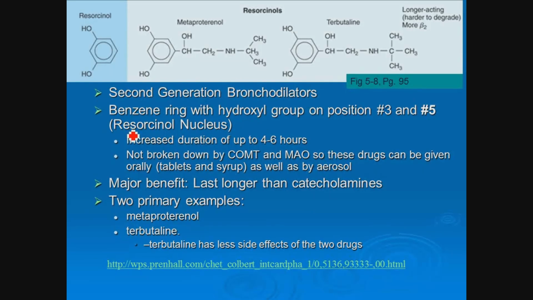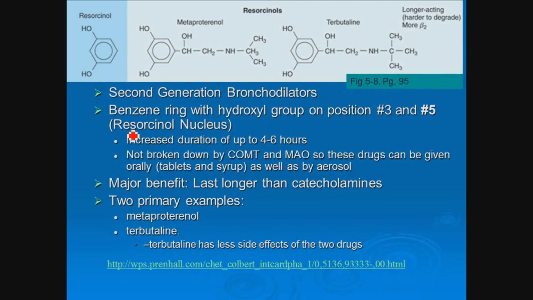bronchodilators that have a little bit less, well, two things they did. Changing the OH position ended up changing the duration of action. So now instead of only being good for a couple of hours, now we're talking 4 to 6 hours. Second thing that ends up happening, because we changed the position of those OH groups, they also are no longer susceptible to COMT and MAO breakdown.